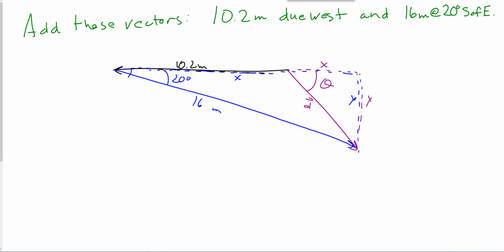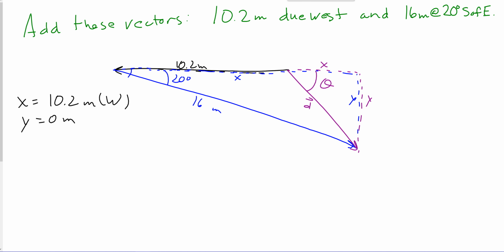Okay, so if we're looking at this one here, we'll start with the first one. The X component of our 10.2 is 10.2 meters west. The Y component of that is 0 meters because it doesn't go north or south.